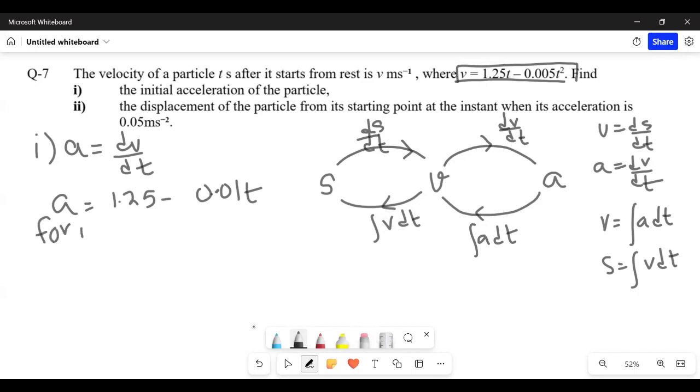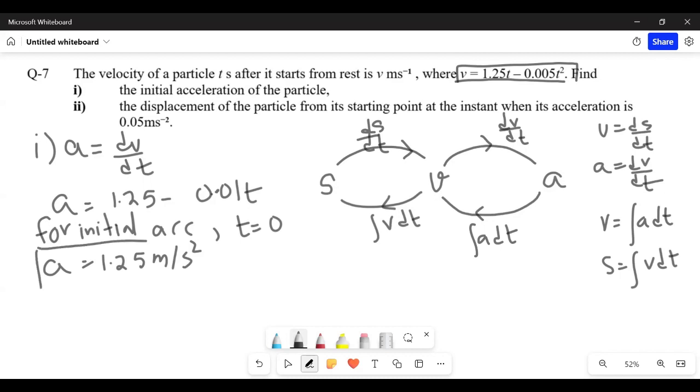फॉर इनिशियल एक्सेलरेशन टाइम इज इक्वल्स टू 0. सो a आ गया 1.25 meters per second square. That's the initial acceleration. Part 2, the displacement of the particle from its starting point at the instant when the acceleration is this.